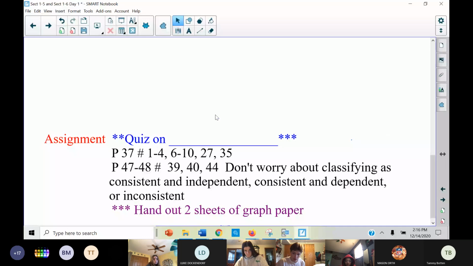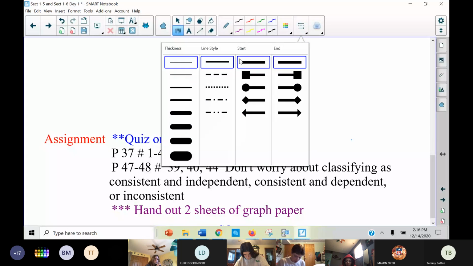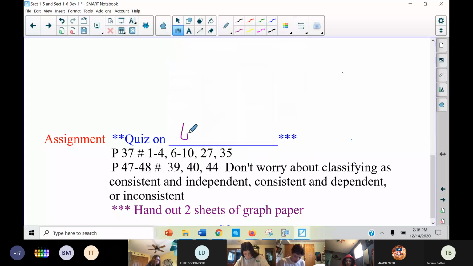Our quiz, again, I switched to Wednesday. Okay, tomorrow we're going to do just a really short lesson that last time I did on the same day of the quiz. But tomorrow I'm going to do that and then give you a review assignment. And so today you have two different assignments. And this is something I haven't talked about yet.